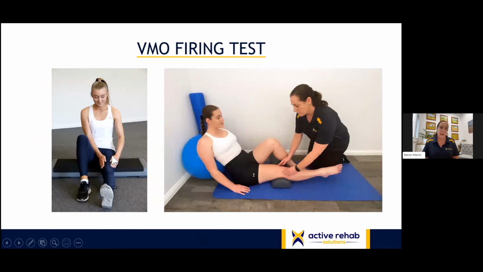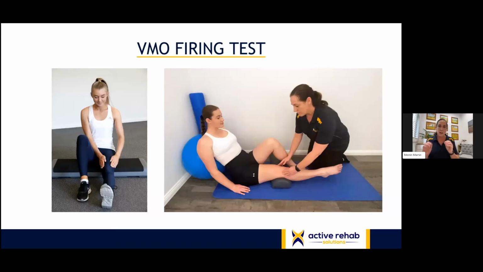Relax your quads to start, then activate your quads so you can feel if both the inside and the outside are firing up or contracting. You can get extremely specific, where the VMO should be firing slightly before the outside and all this. But you can feel if someone has inhibition where their muscle is switched off, the inside one will not work. And you can look for major differences.